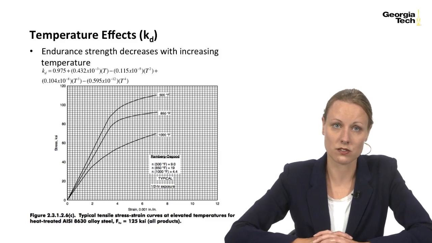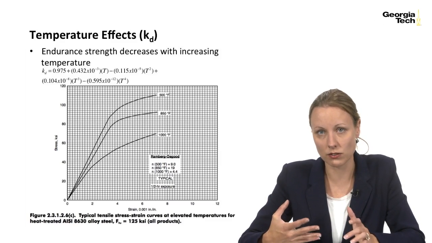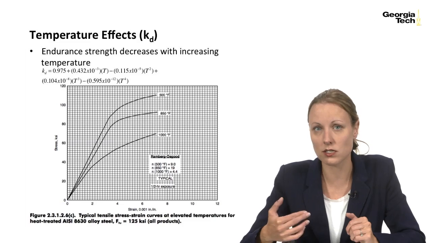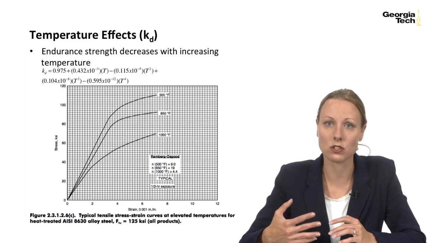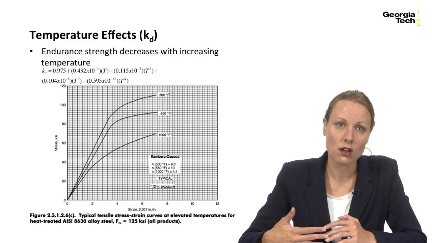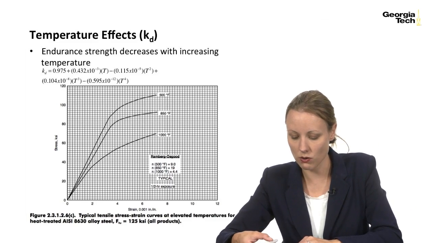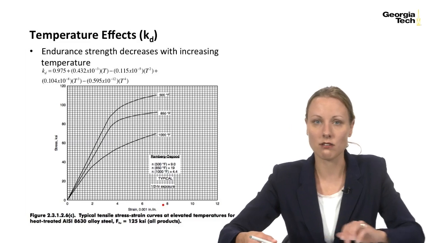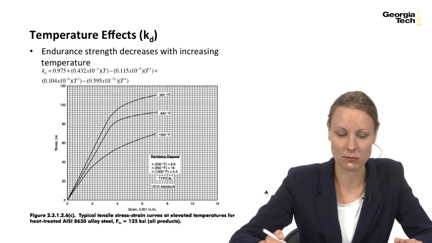Okay, temperature effects. Just like your ultimate and tensile yield strengths decrease with increasing temperature, the same mechanism happens in fatigue, and your endurance limit will decrease with increasing temperature. Typically what people do is they'll use a ratio of temperatures, and they'll go off of data for a tensile test at temperature, if they have it.